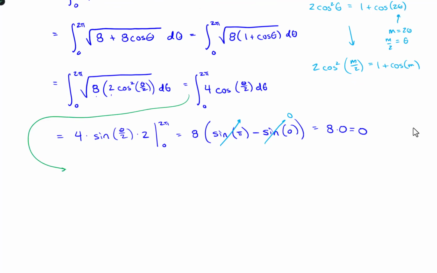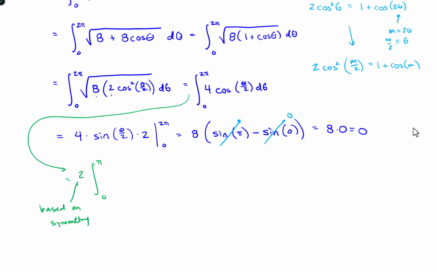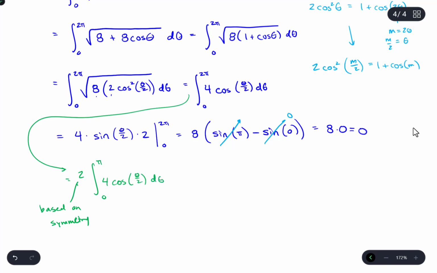And we'll say that this is equal to 2 times the integral from 0 to pi. And this is based on symmetry. And the integrand is still the same. So 4 cosine theta over 2 d theta. 2 times 4 gives me an 8.